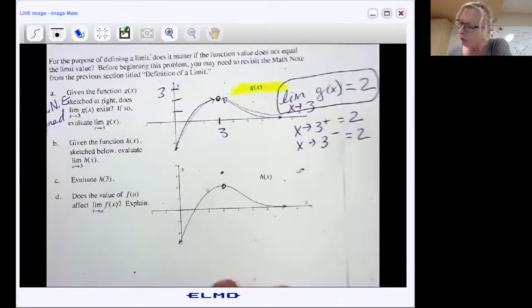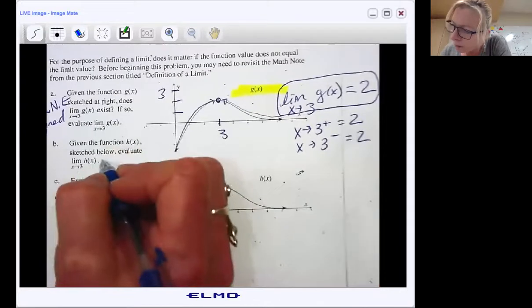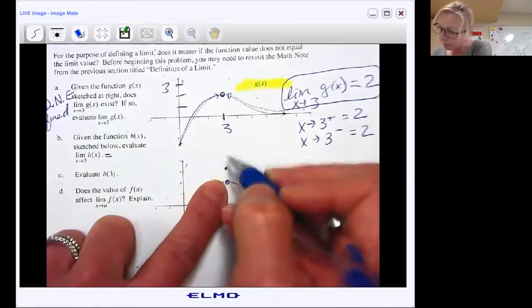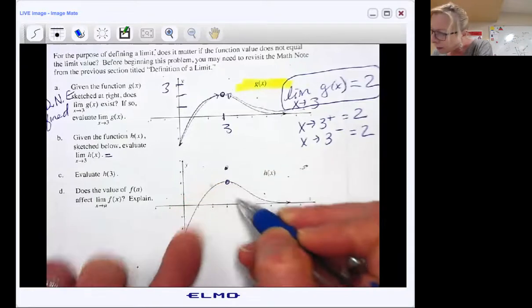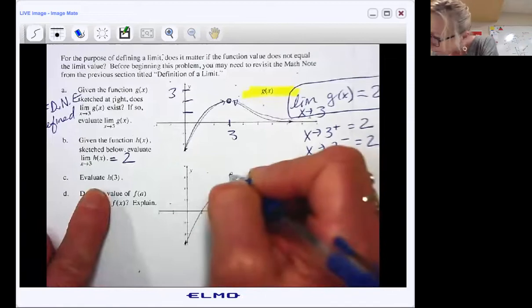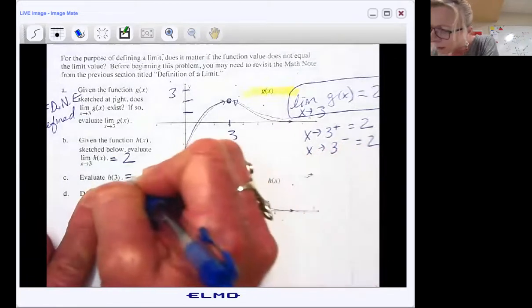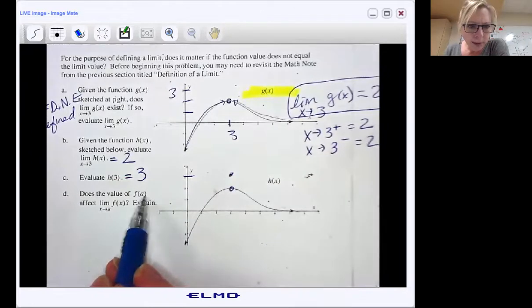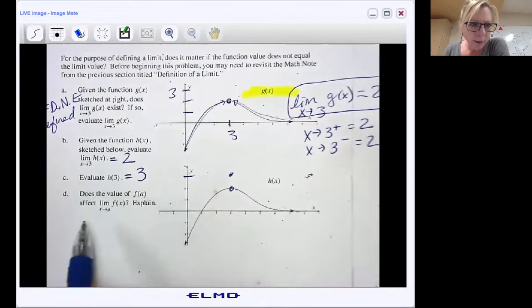Now we look at h of x, and again, we evaluate the limit from both directions. It's the same exact graph, but we have this function value now, and that exists at 2. H of 3 exists at 3. Does the actual value of the function affect the limit?